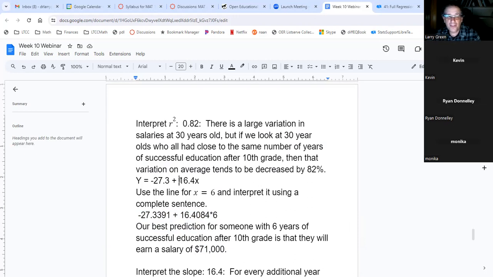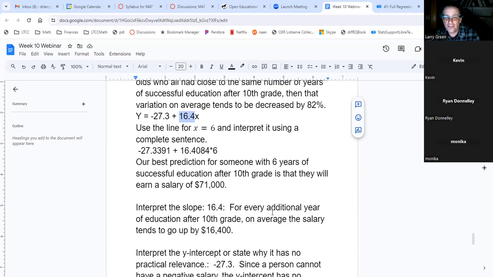Okay, the slope is 16.4. Again, that's the rise over the run. So 16.4 is how much Y changes, which is how much the salary changes. And this is in thousands of dollars. The run, we can call it 1 because we're putting it over 1. That's 1 year of education.